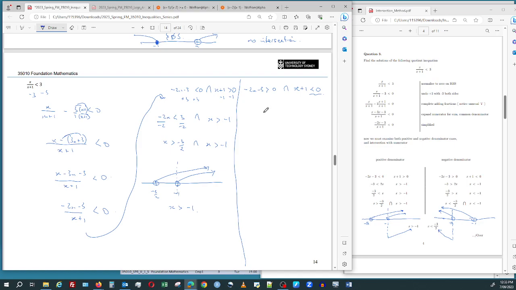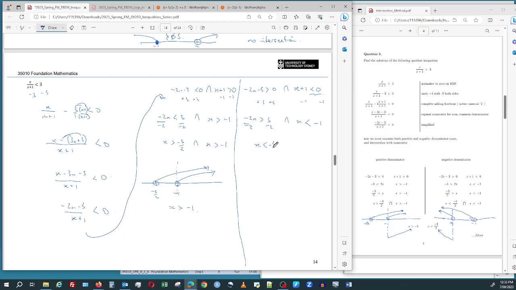Now let's do it for this side, because we want to check the intersection of both of these. And so we'll do the same thing. We'll add 3. Minus 2x is greater than 3, intersected with subtracting 1, because we were dividing by a negative. Dividing by minus 2, be careful, changes it.